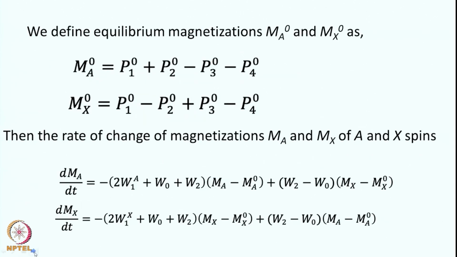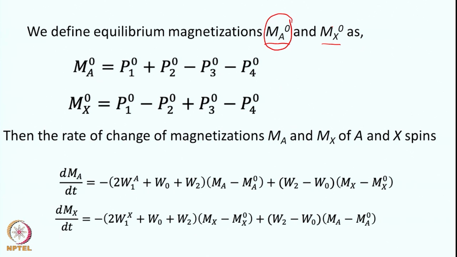So, now we can define the equilibrium magnetization, that is MA0 and MX0. So, this is the equilibrium magnetization for A spin and this is for X spin. As we said, the magnetization depends upon the population in different states in the equilibrium state.